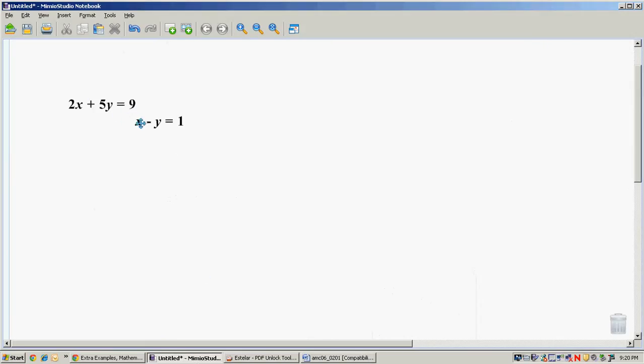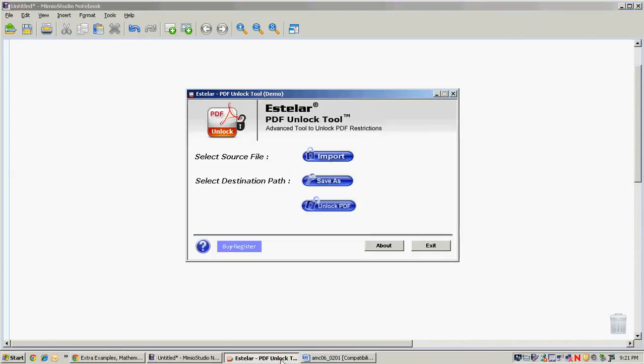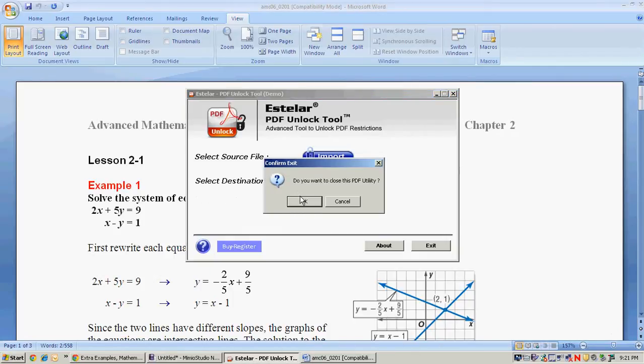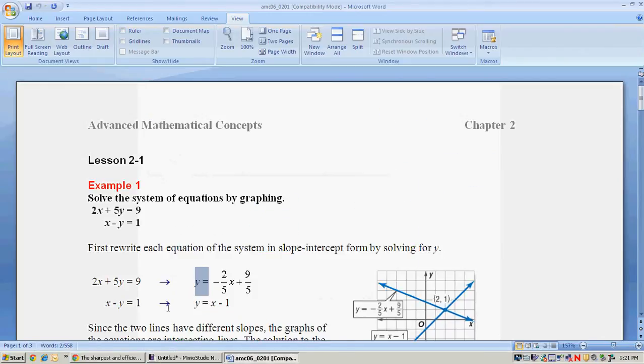So first let's get these y's by itself. For this first one, we have 2x plus 5y equals 9.